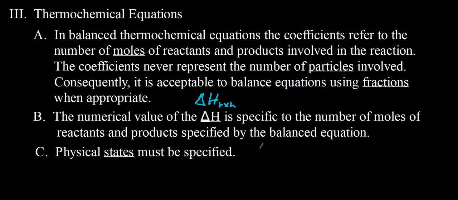So the numerical value for heat of reaction is specific to the number of moles of reactants and products specified by the balanced equation. Now this will be extremely important, and we'll touch on that more later on. When writing thermochemical equations, make sure to include the state of matter of each of the substances involved in the equation, because that has some importance as well.